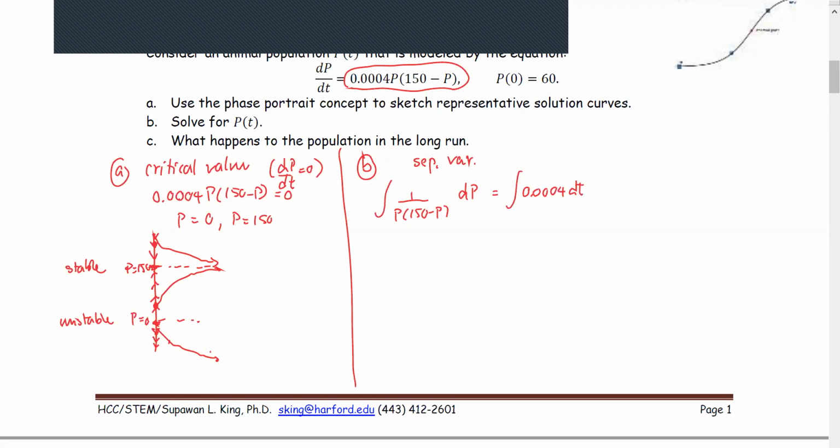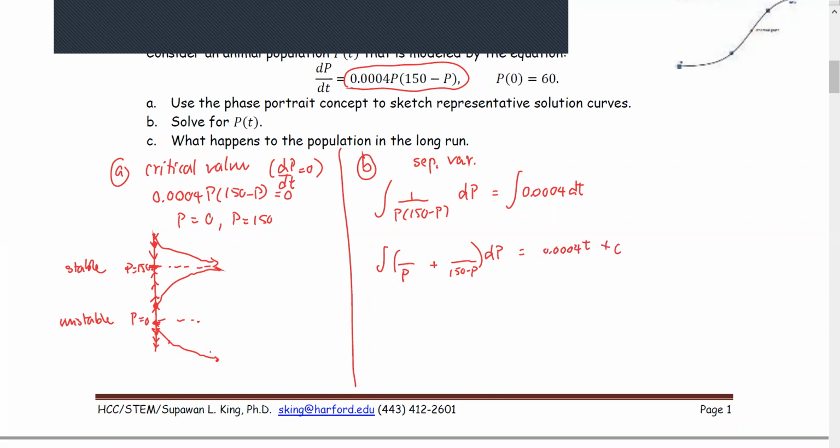Integrate both sides. On the left-hand side, we use the partial fraction technique to get a fraction with the denominator P and a fraction with the denominator 150 minus P, with respect to P, equals the right-hand side, 0.0004 t plus C.